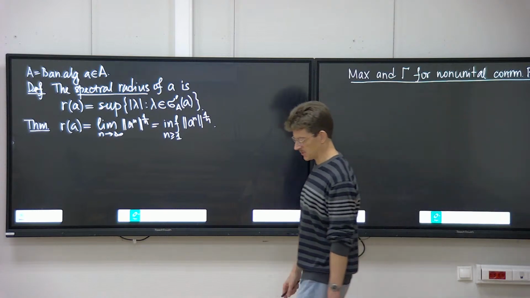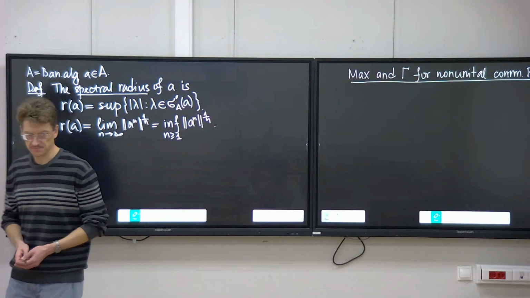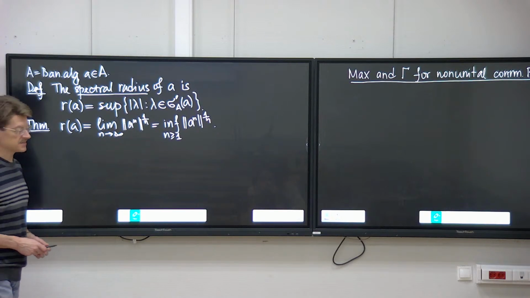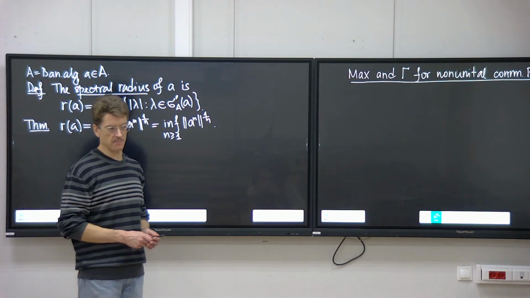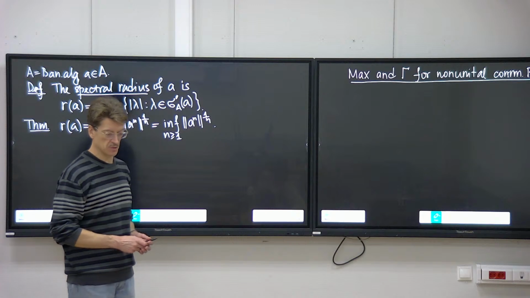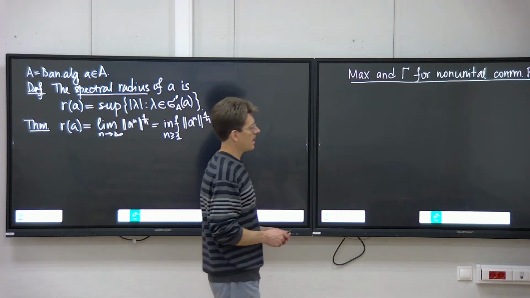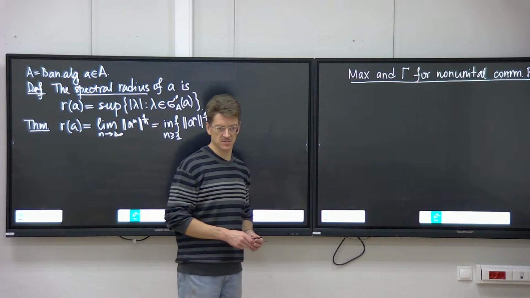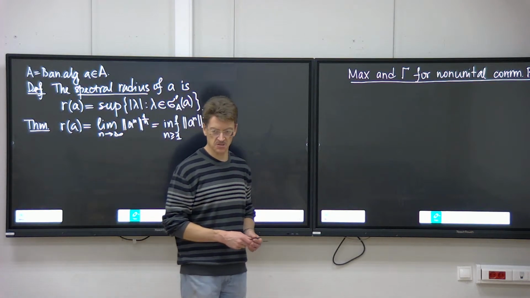Well, let's start with the maximal ideals. It turns out that in the non-unital case, maximal ideals are no longer relevant. It's reasonable to consider only those maximal ideals which have a special property.